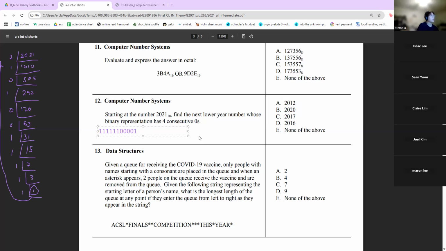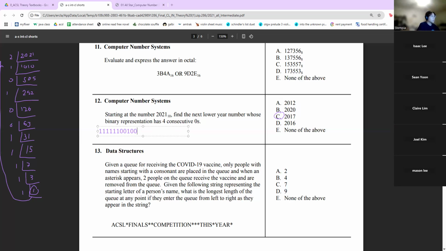So if I were to convert that back into base 10, that's actually going to give us 2017, if you guys were keeping track. You could obviously break up each digit and assign it its value, like 2 to the 0, 2 to the first, 2 to the second, etc. Or you could have just kept track of how many times I subtracted, which was 4. Let's actually do it one more time, just to make sure.